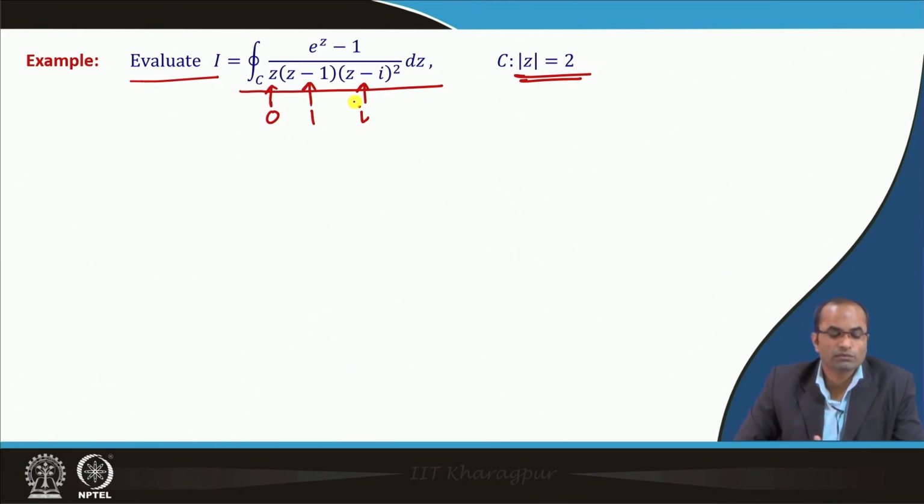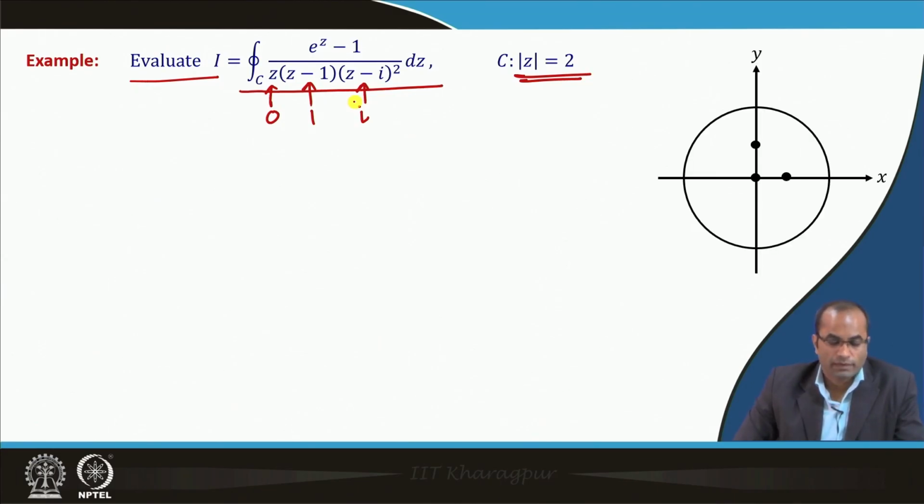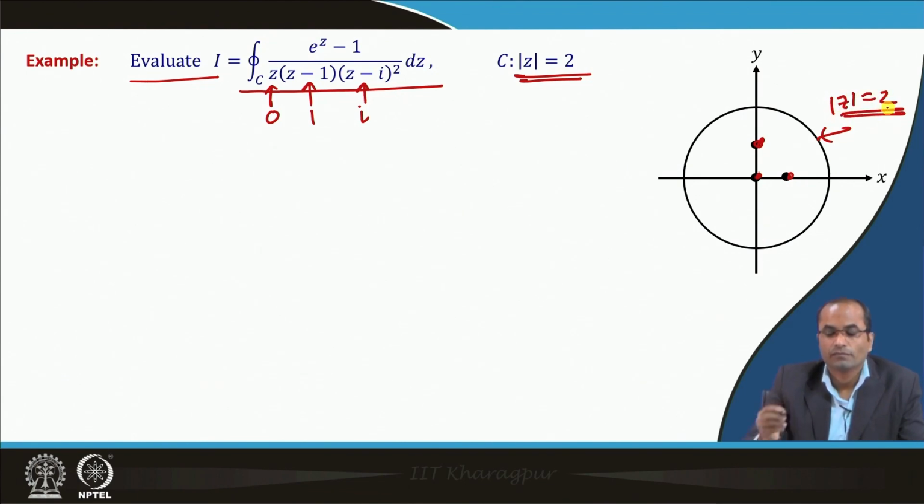These are the 3 singular points of this integrand. So, this is 0 here, and then we have 1 and then we have i there, and this is the circle mod z equal to 2. In this case all these singular points are lying inside this circle.